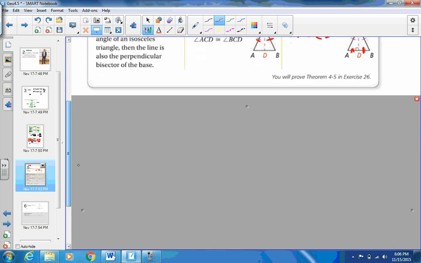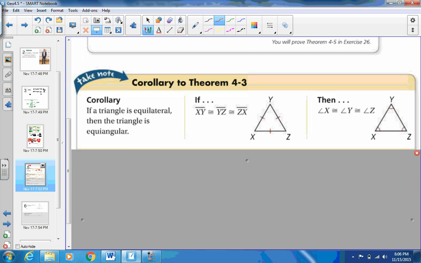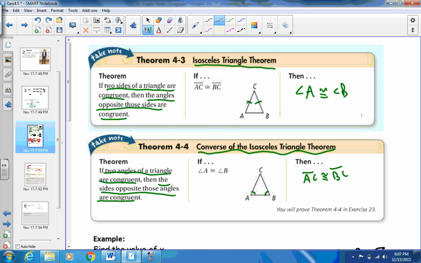Now I have two corollaries, each coming from one of the theorems that we've talked about. The first one, corollary to theorem 4.3, which is the isosceles triangle theorem: if a triangle is an equilateral triangle, then it is equiangular. So just like in the isosceles triangle theorem, which I'll back up right here, where it says if we have two sides congruent, then their opposite angles are congruent.